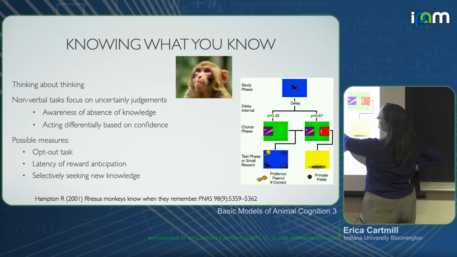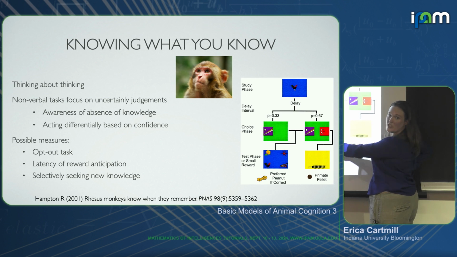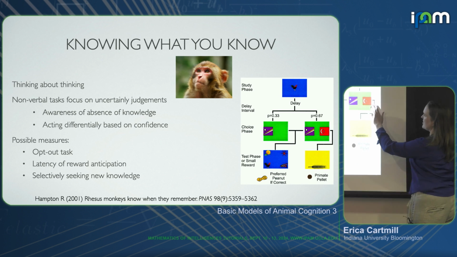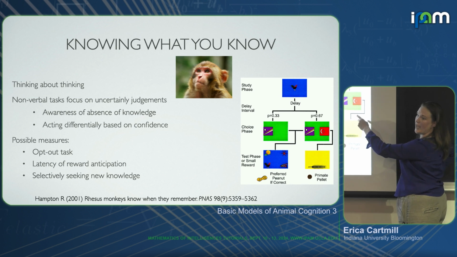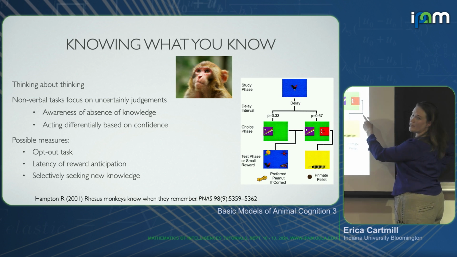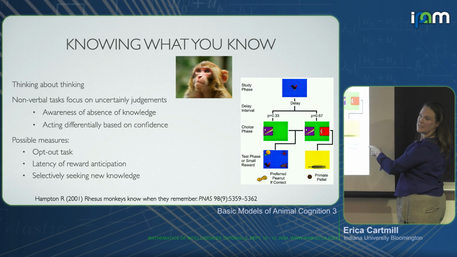In one case, they see this, there's a delay, this image comes up, they have to touch it, and then they get a memory task. Which image did you see? And if they're correct, they get a peanut. In the other condition, they have a choice between: do you want to play the memory game, or do you want to opt out of the memory game and get something but a worse reward?